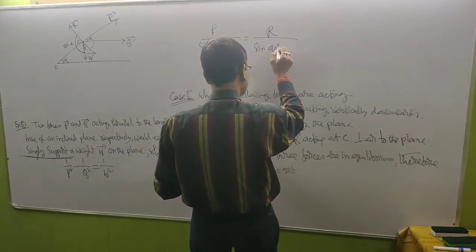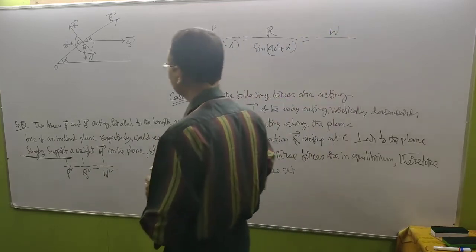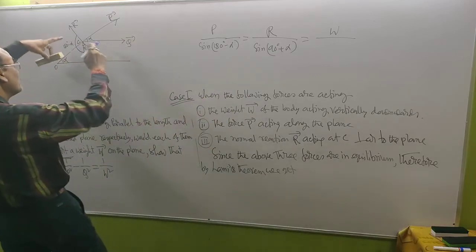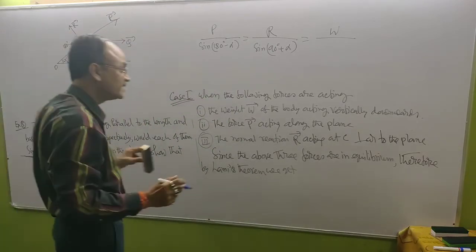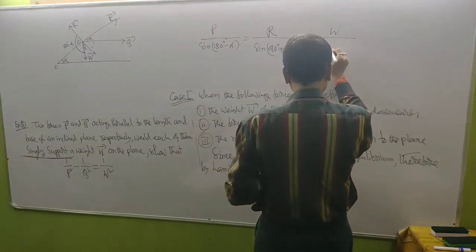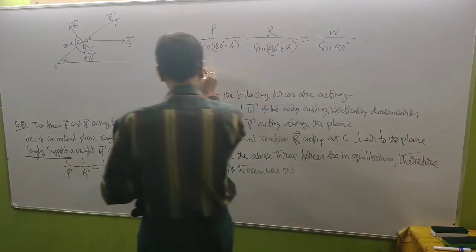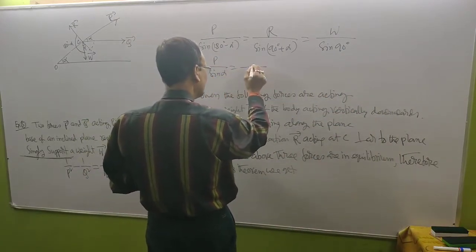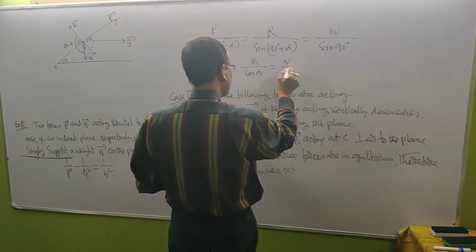So P by sin alpha equals R by cos alpha equals W by sin 90 degrees, which is 1.